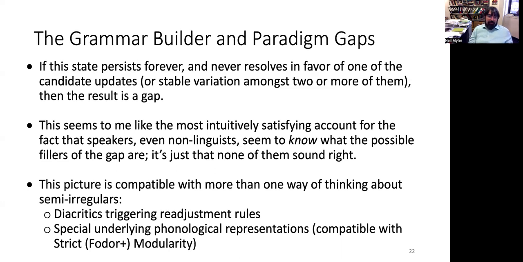So if your account of semi-irregulars involves special underlying phonological representations, which is roughly, actually not quite, but roughly what SBE has, and what, for example, Heather Newell's recent account of semi-irregulars in the English verb system has, you can have that sort of situation leading to a gap if there are several candidate rules of exponence, one of which assigns one underlying representation to the would-be piece, another of which assigns another, and both of them have a question mark next to them, right?